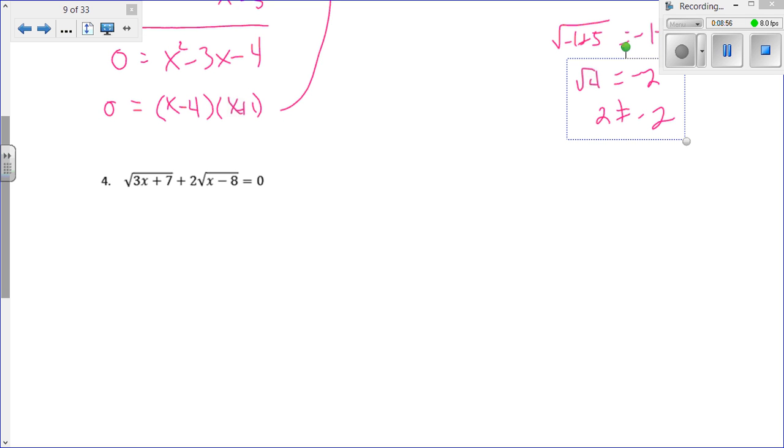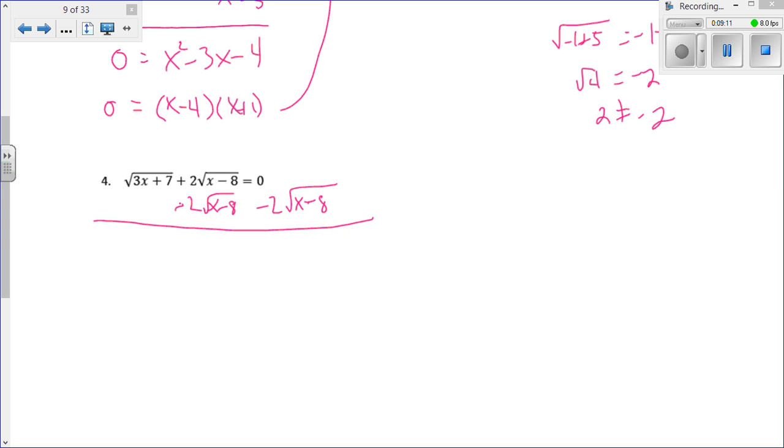Number 4 is kind of tricky. I am going to subtract the 2 square root of x minus 8 on both sides. The square root of 3x plus 7 equals negative 2 times the square root of x minus 8.